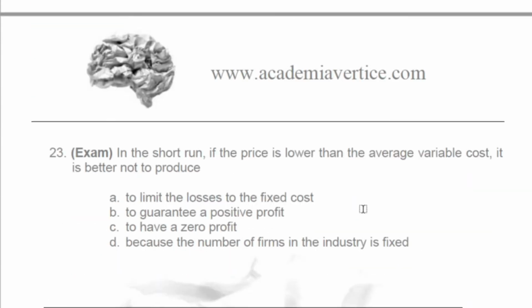Well, another exam question. In the short run, if the price is lower than the average variable cost, it's better not to produce, as we saw in the previous video, but here the question is about the reason, okay? To limit the losses to the fixed cost, yes, I told you in the previous video, if you saw it, okay.